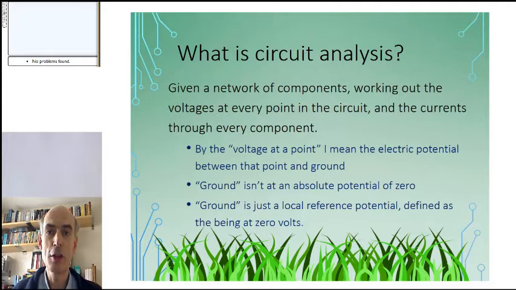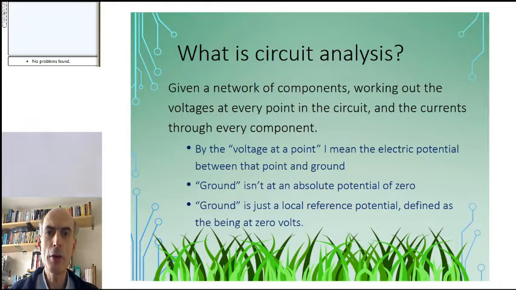But in all cases, the choice is not that important. We are free to pick any point in our circuit we like, and just define it as being our local reference, our local 0 of volts, and then measure all of our voltage differences relative to that 0 volts. That's probably the most confusing point about circuit analysis, so I wanted to get that clear before we start.